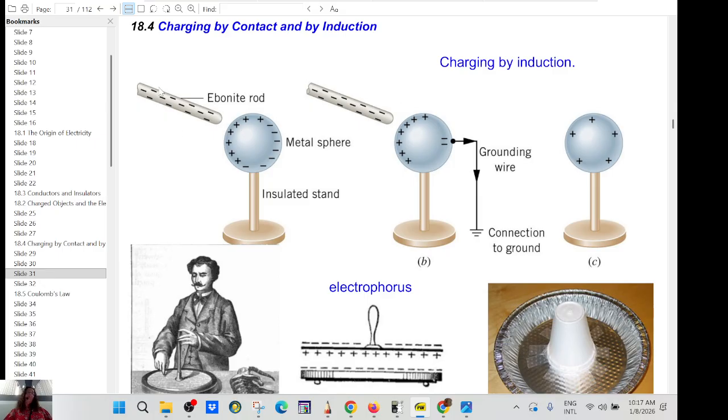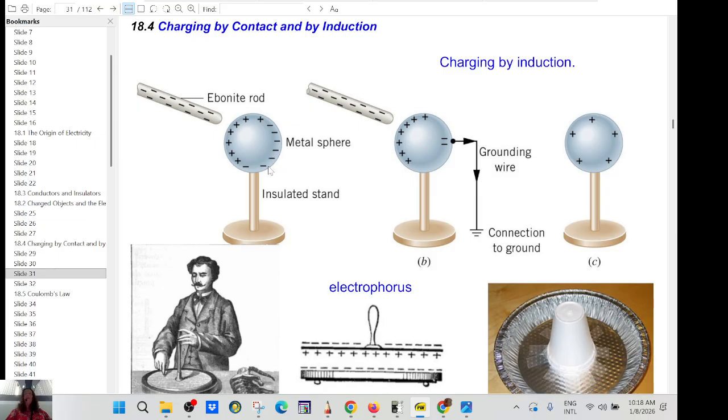For example, if you bring a negative rod here, but you don't touch it, then, remember, electrons are free to move inside a conductor. They move around and are not tied to their nuclei. So the conductor will get polarized: positive on one side, negative on the other.